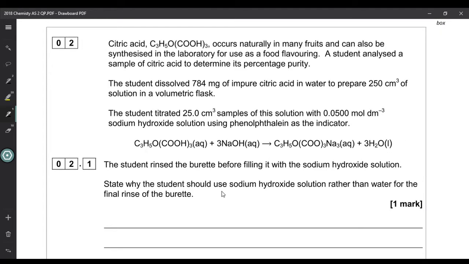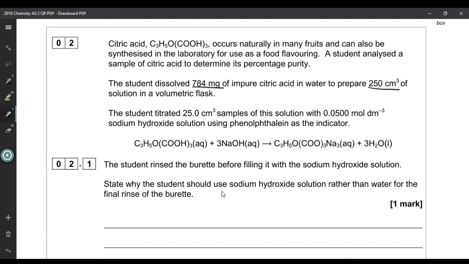Question 2 is about citric acid. It says a student analyses a sample of citric acid to determine its percentage purity. The student dissolved 784 mg of impure citric acid in water to prepare 250 cubic centimetres in the volumetric flask.